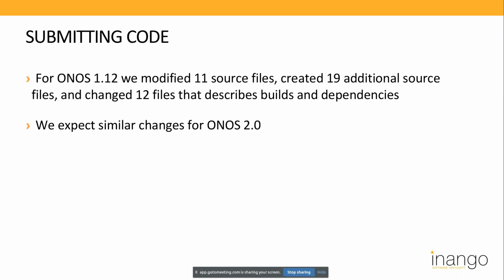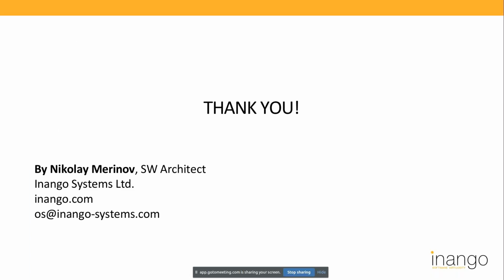And we expect almost the same changes for ONOS 2.0. We checked it by code. It should be mostly the same for the places that we changed. Okay, so that's our proposal.